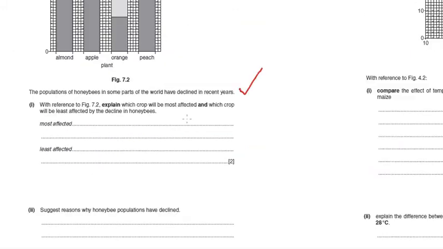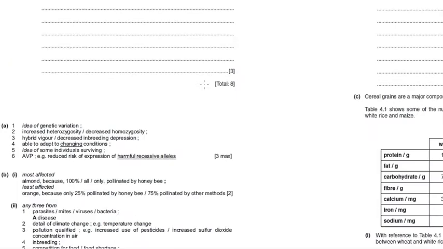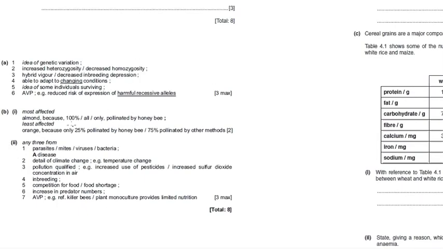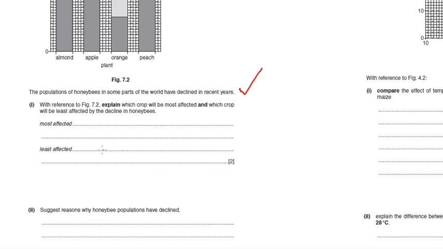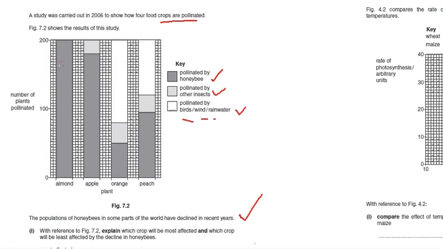It's a grade 1 question, but when they ask questions like this, they normally want to see the proportions. So you should write down that this is 100%, this is 75%, and this is 25%.